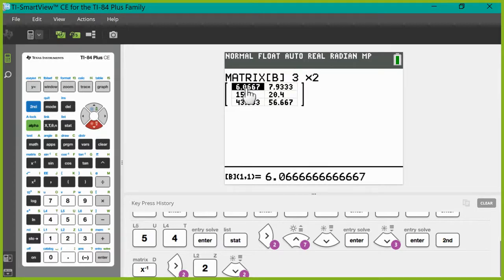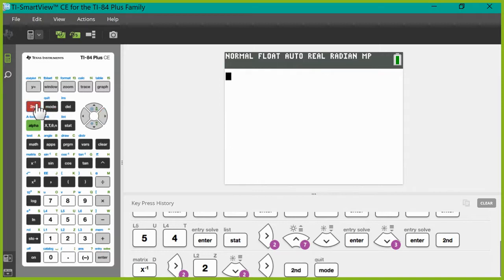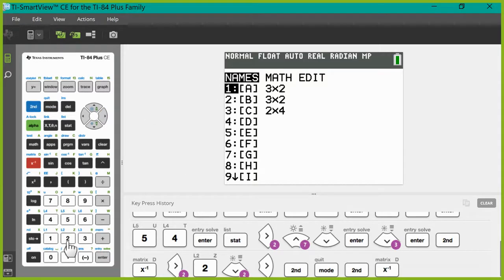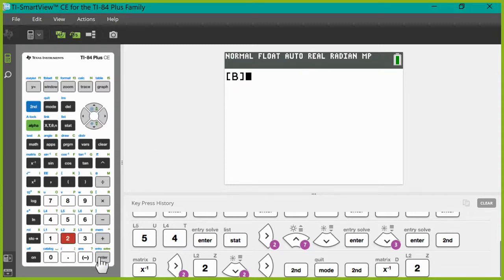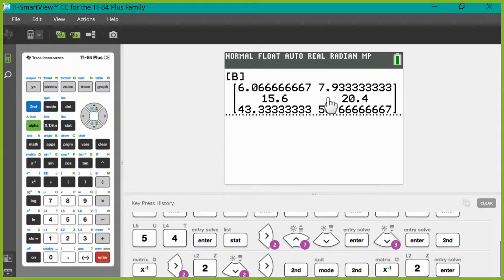So it's 6.06, 15.6, 14.3, 7.93, 20.4. That's one option. I think this is easier because you're able to see the full value. Another thing you could do is go to second matrix, enter B, and press enter, and it's going to show up in your main menu.